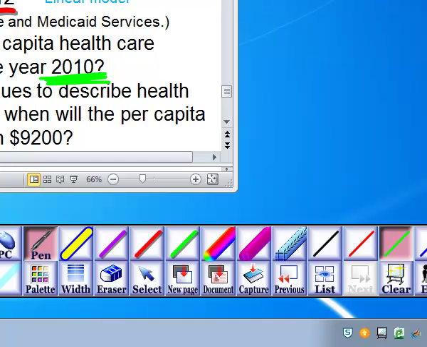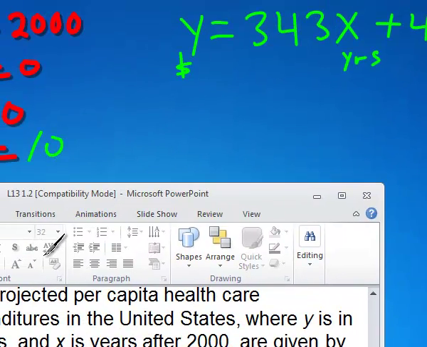Okay, so what do we do? 2010 is the year, but is that the number of years? It's not, right? Because we're starting at 2000. So that means if time 0 is at 2000, 2010 must be how many years that we're going to use? 10. Okay? And so where does that go in our equation? It goes into X. All right, so go ahead and find the rest of that.